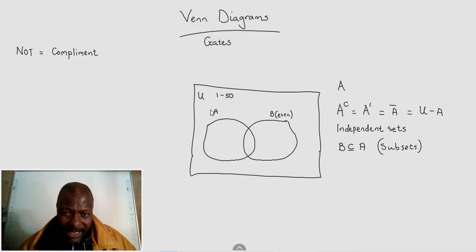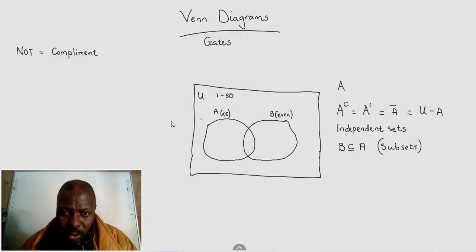Here we've got a set, A, which is multiples of 5. I'll just use times 5 to represent that.